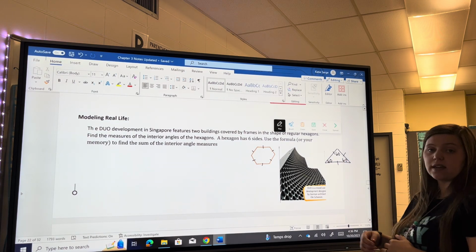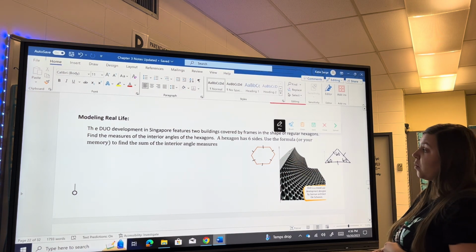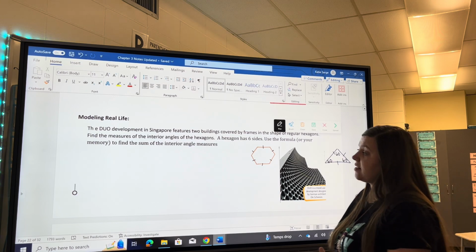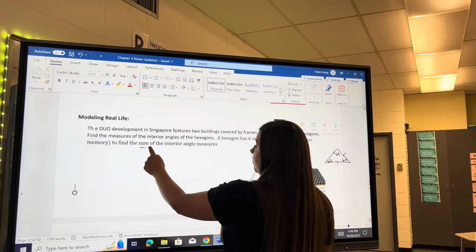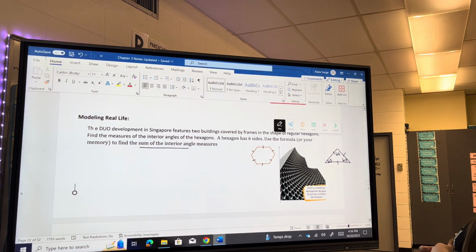Okay, all of them had an angle measure of 60. So the same thing is going to happen here. But what it asks you is to find the sum of the interior angle measures, okay? But what it also wants to know is what is the measure of each individual angle, okay?